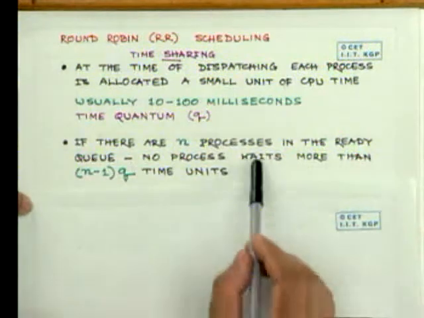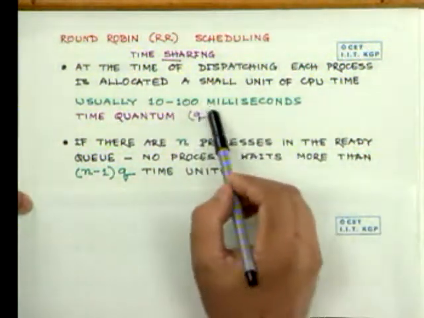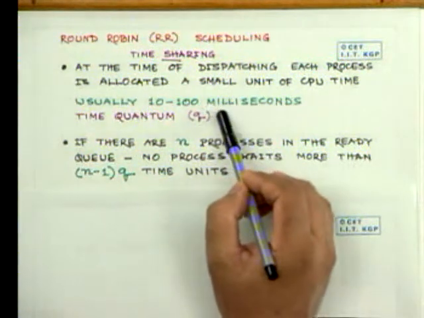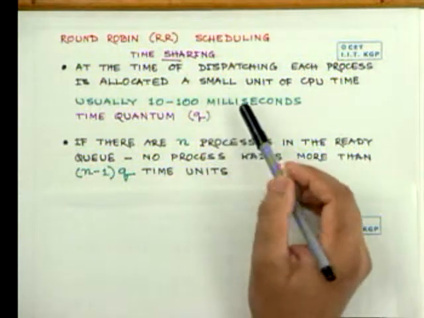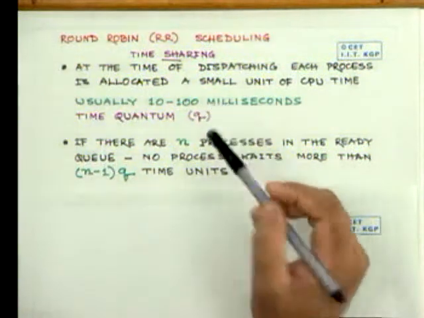Now, if there are n processes, what happens exactly is this: if within the time quantum the process completes the job, then naturally it goes into the exit state. If it asks for an IO, then it goes to the IO wait state.